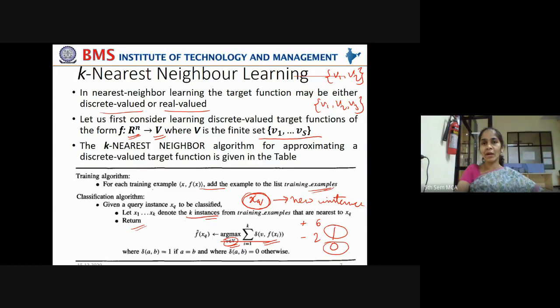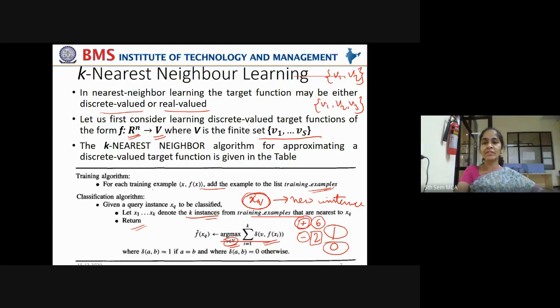So what is our objective now? Take the class which is having maximum odds. Means take the class from which more instances are matching with the new instance and assign the new instance to that class. Here, the new instance is matching with 6 instances which are from positive class, and the new instance is matching with only 2 instances which are from the negative class. So what is your objective? You have to assign it to a class which is having maximum odds, that is 6.